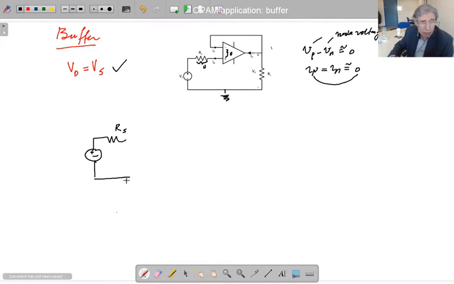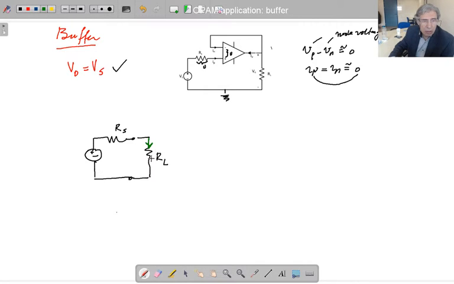That is the Thevenin equivalent circuit. Represent, let's say, circuit A. This circuit output is connected to a resistor which is called RL. So this current here, let me put it in.